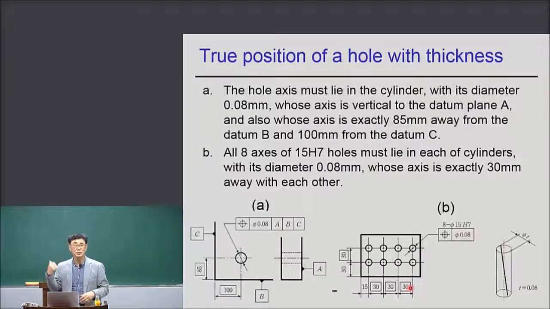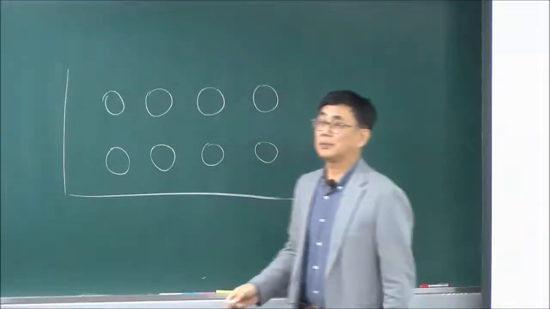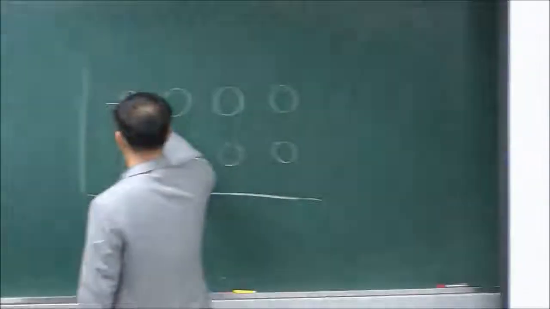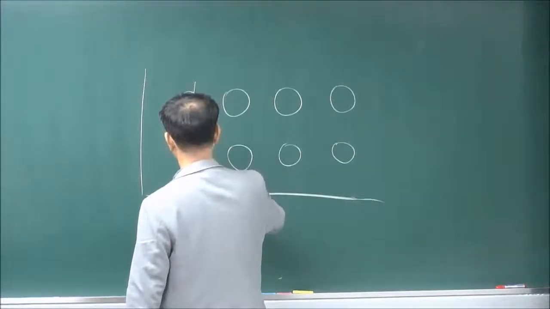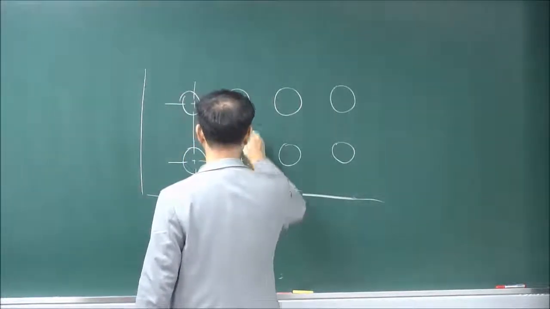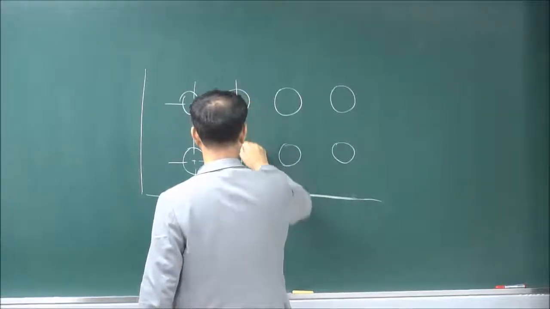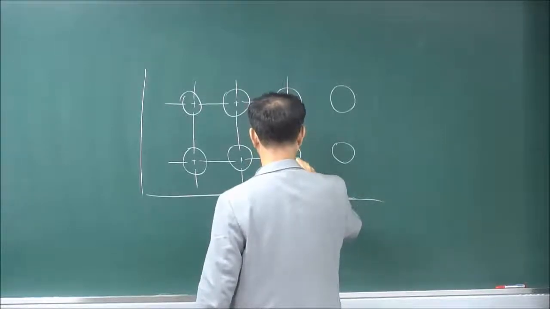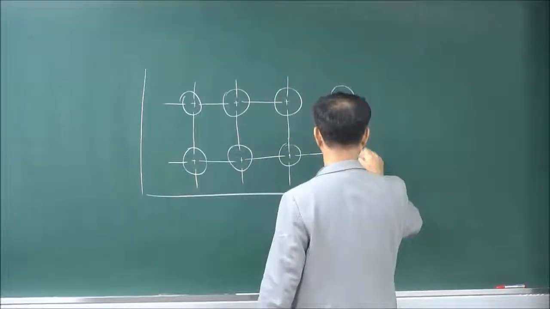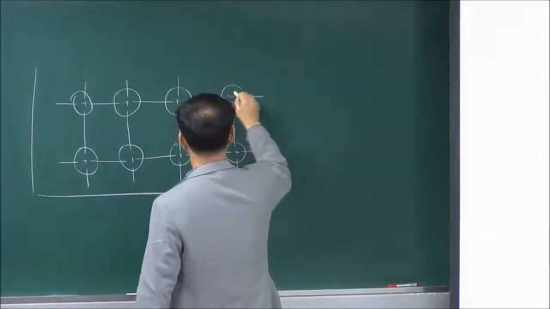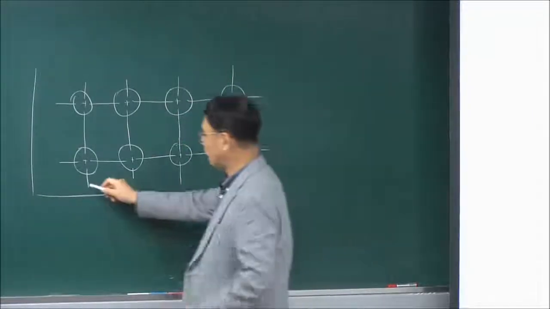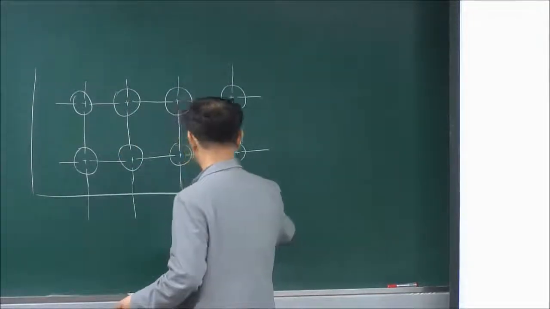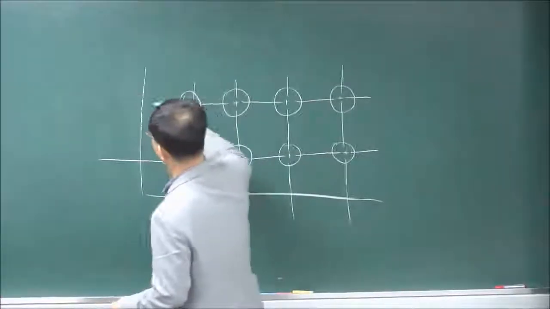I will show it using the blackboard. Okay, now this is 8 holes, and now the center line is drawn. Here. So now, if you just depend on the dimensional tolerance, then maybe you can assign the dimensions like this.